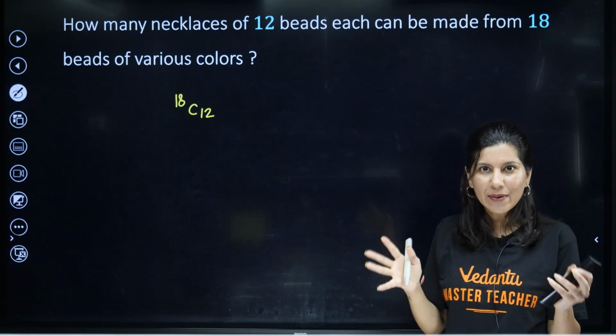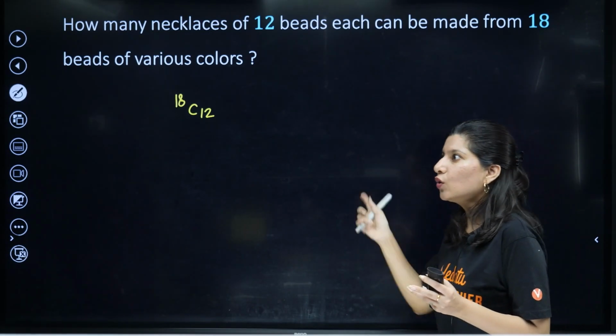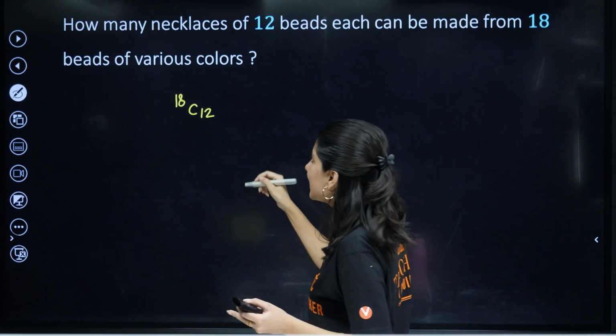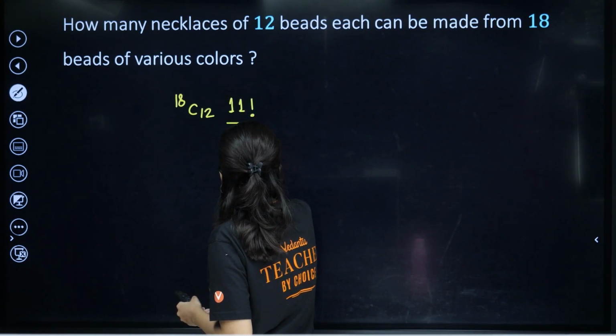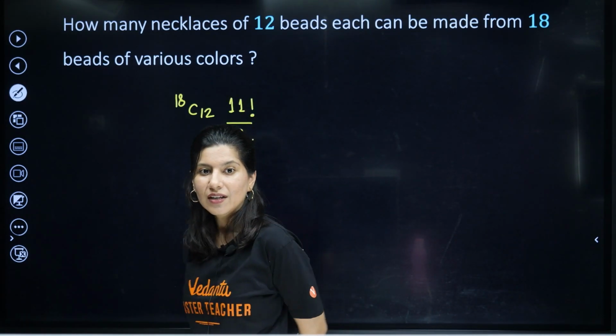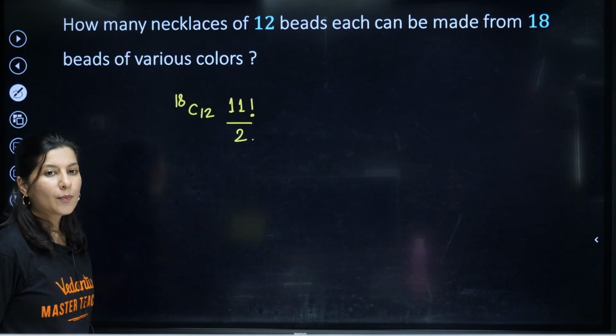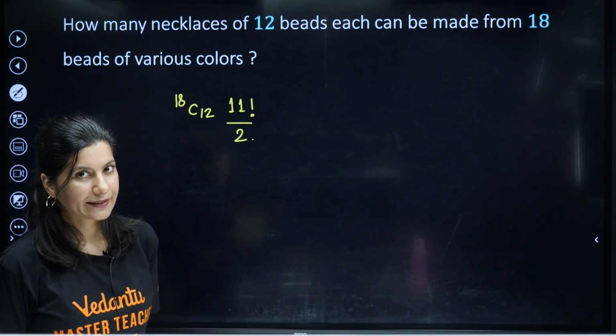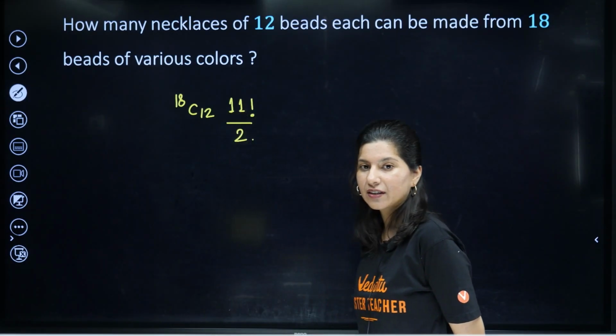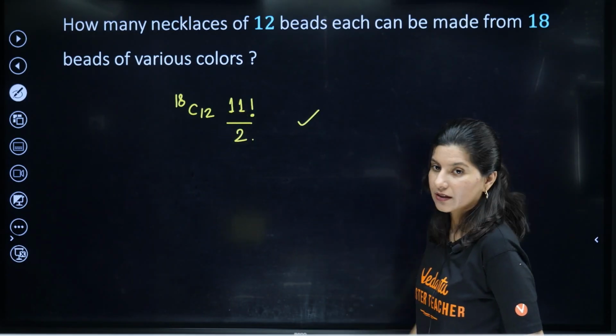Now, arrangement of 12 objects in a circular fashion will be 11 factorial upon 2. All right, clear? Perfect. So this is your final answer.